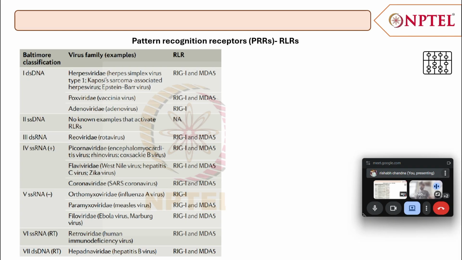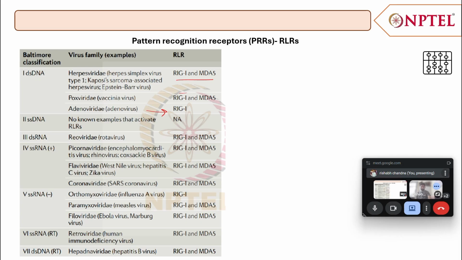For example, the double stranded DNA viruses: herpes simplex virus, Kaposi sarcoma associated herpesvirus, and then Epstein-Barr virus. They all activate RIG1 and MDA5. Then vaccinia virus, adenovirus, they both activate RIG1, MDA5, and adenovirus specifically activates RIG1 but not MDA5.